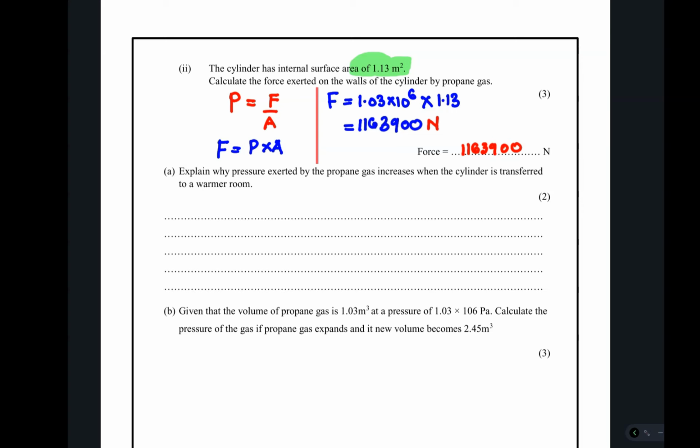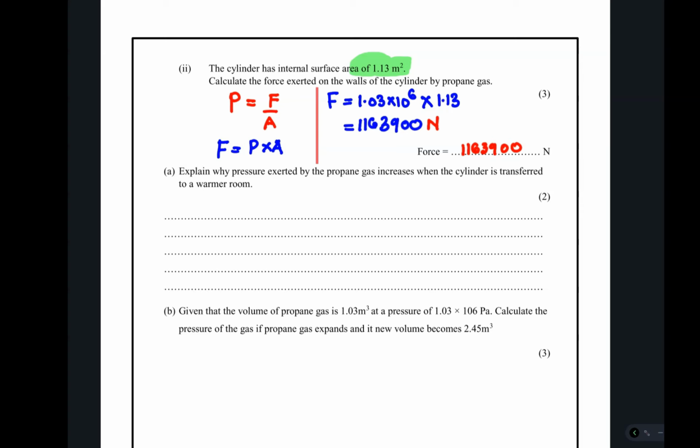And the next part, we are supposed to explain why pressure exerted by propane gas increases when the cylinder is transferred into a warmer room. Now, we know that all gases have molecules, and these molecules are in continuous random motion. They collide with the walls of the container.